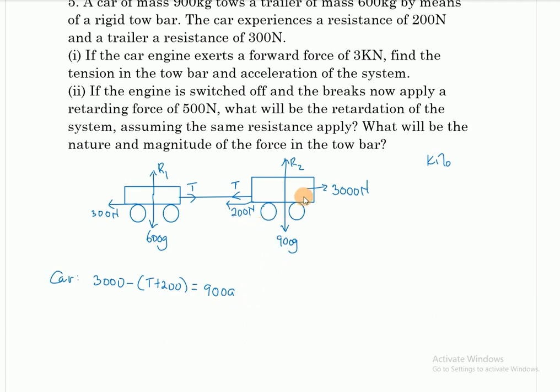Remember, both bodies are accelerating with the same acceleration because they are connected. This one and that one will get us 2800, because this one is a minus, then minus T equal to 900a, where we can say that T is equal to 2800 minus 900a. I'm preferring to call that equation number 1.